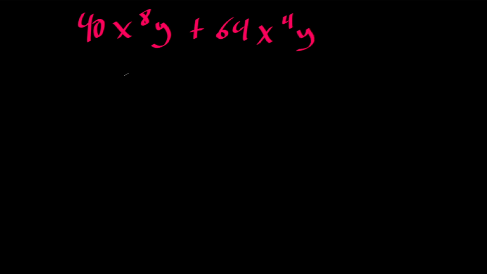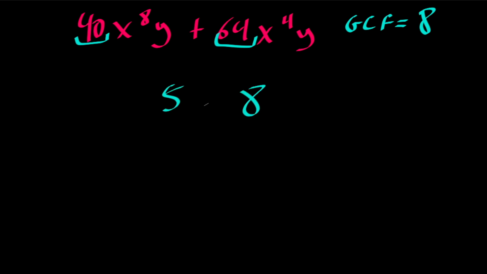Once again, let's first focus on taking out a GCF from 40 and 64. What's the biggest number that I could divide out of 40 and 64? Hopefully we know that's 8. Because 40 divided by 8 is 5, and 64 divided by 8 is 8. And 5 and 8 don't have a common factor other than 1, so I'm good to go.